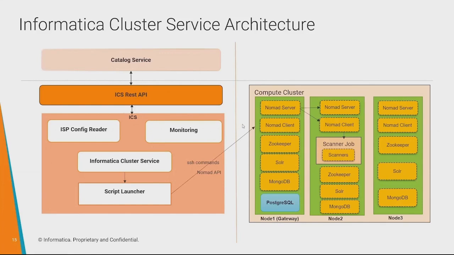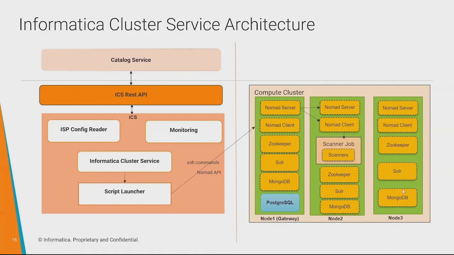And on the right side, you see a 3-node, Nomad-based compute cluster created by the Informatica Cluster Service. In this case, node 1 in the cluster is configured as the gateway node, and node 1 is also a data and processing node.